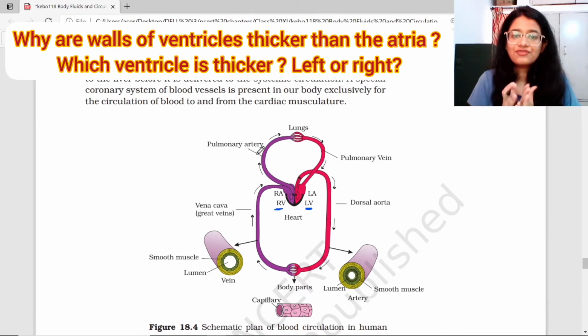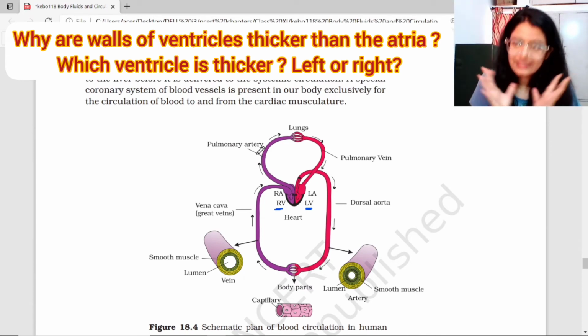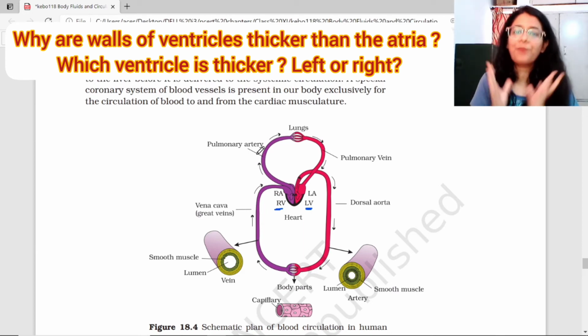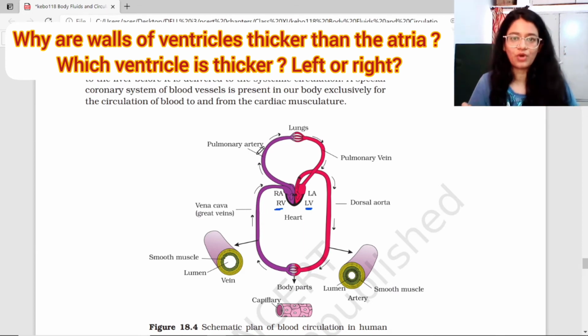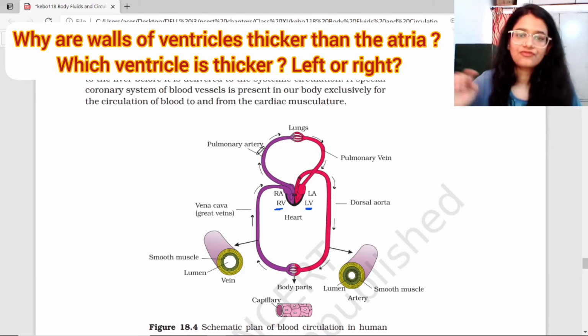Because left ventricle is putting so much effort to pump the blood in all the body parts, it requires a much thicker layer so that it can create that amount of pressure to pump the blood so that it can reach all the parts of the body properly. This is the reason why left ventricle is thicker as compared to the right ventricle. Hope that answers your question. Now see here, we got two questions just from a single straight line.